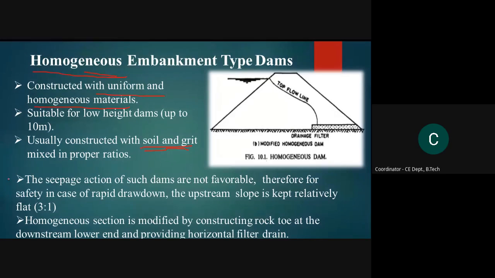The seepage action of such dams is not favorable. Therefore, for safety in case of rapid drawdown, the upstream slope is kept relatively flat. While talking about earthen dams, seepage failure is the most important failure which we should look after.